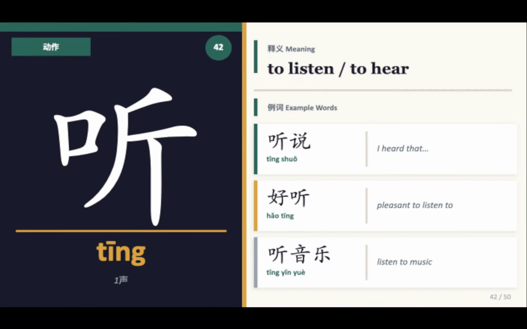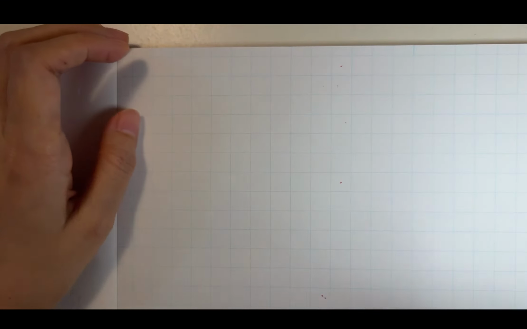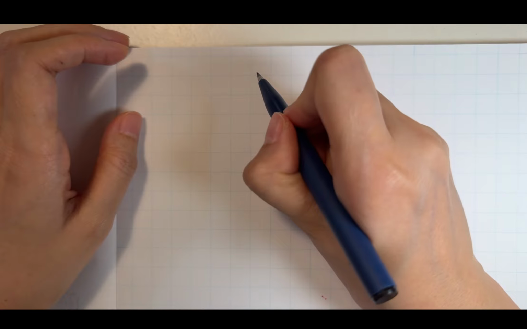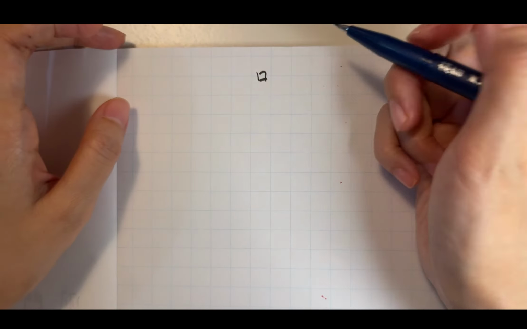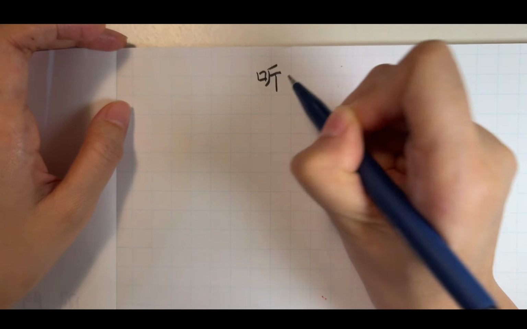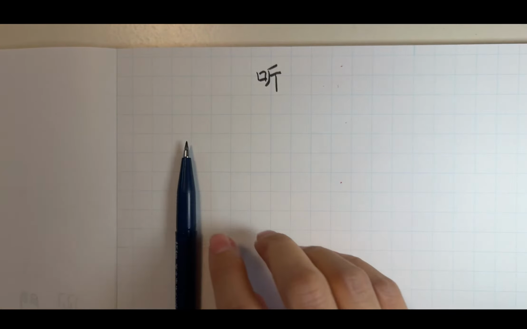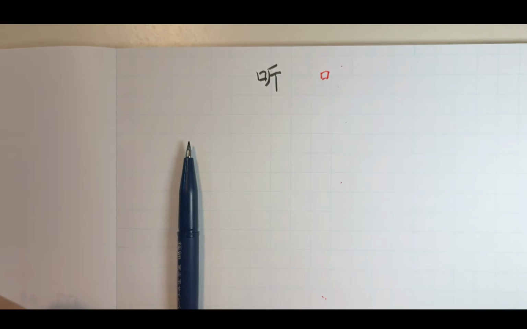So that is 听。所以我们来看听要怎么写。听，我们先写一个口。Strangely, we don't have ear, we have mouth. 听，two parts，左右结构，left and right.